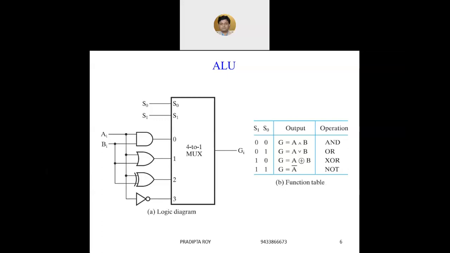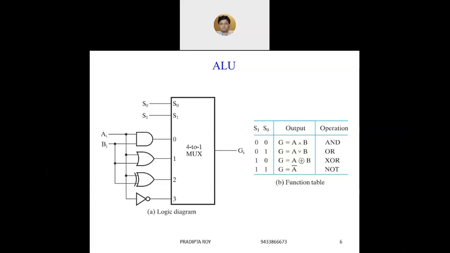Now, the logic diagram. A very simple logic circuit is described here with only 4 to 1 MUX. So we can perform only 4 logic operations: AND, OR, XOR and NOT, and all those logic operations will be indicated by the value of S1 and S0.